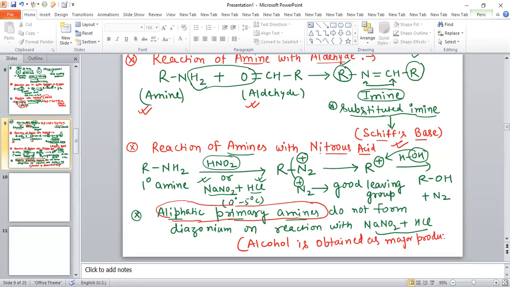You can say, so note this. So the reaction of amines with nitrous acid, if it is aliphatic primary amine, diazonium salt is not formed on reaction with NaNO2 plus HCl. So in this case, alcohol is obtained as a major product.